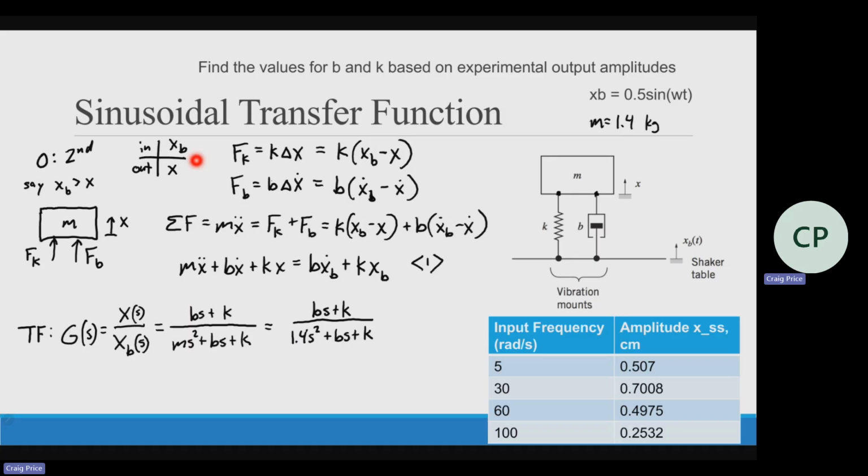What is another way we could possibly solve for B and K? Did we do anything with frequency and amplitude last week?